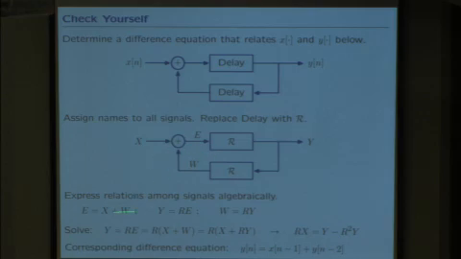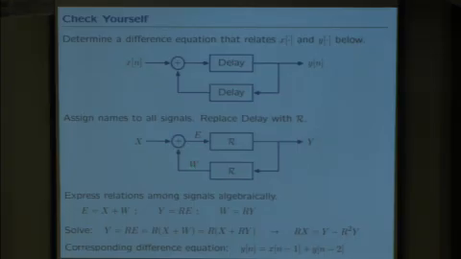And then I'll express each of the relationships imposed by the plus sign, this R, or this R, by a line of operator reasoning. The plus says that the E signal is X plus W. The R says that the Y signal is R applied to E. This box says that the W signal is R applied to Y.